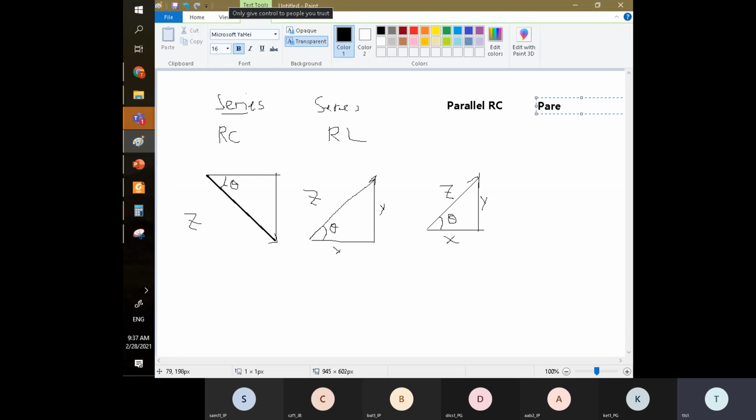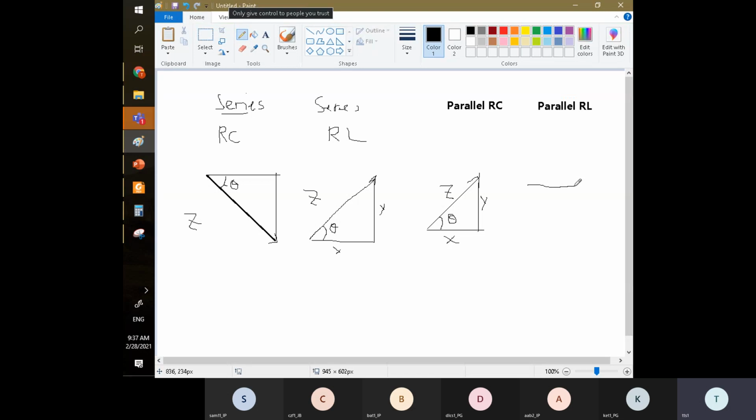The parallel RL is going the other way. It is negative. Okay, negative value here.